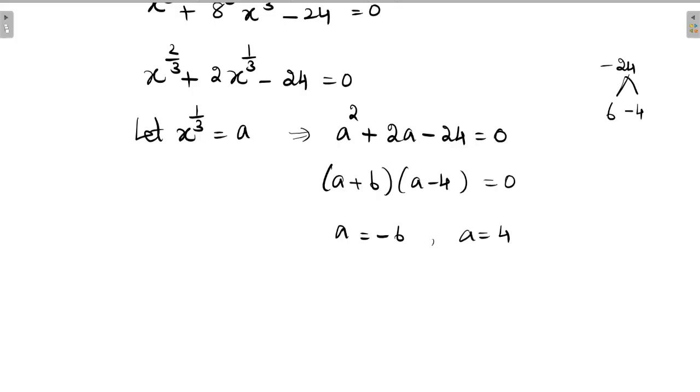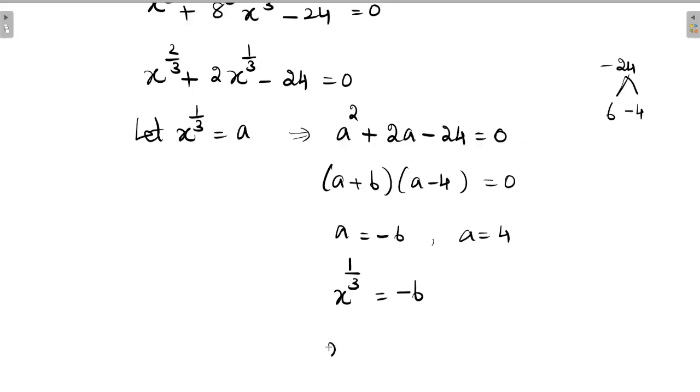Now we can replace the substitution. Instead of a, we replace x^(1/3). x^(1/3) equals −6. Let's remove the power 1/3 by raising to the power 3 on both sides.